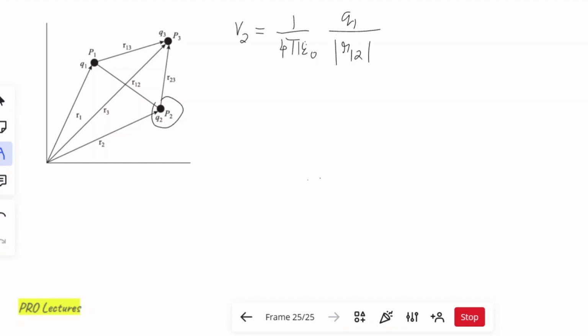The work done to move the charge Q2 from infinity to the point P2 is simply the potential at P2 multiplied by the value Q2. So work done is equal to V2 into Q2.